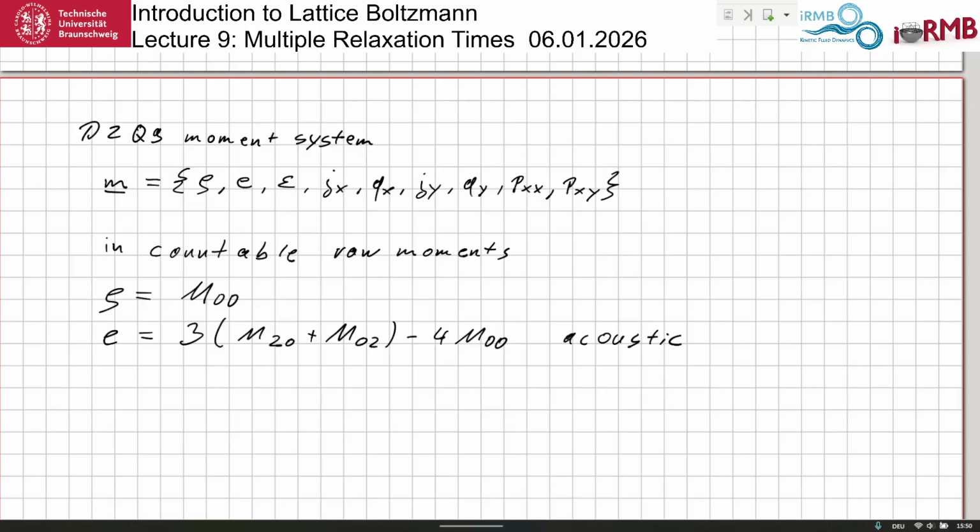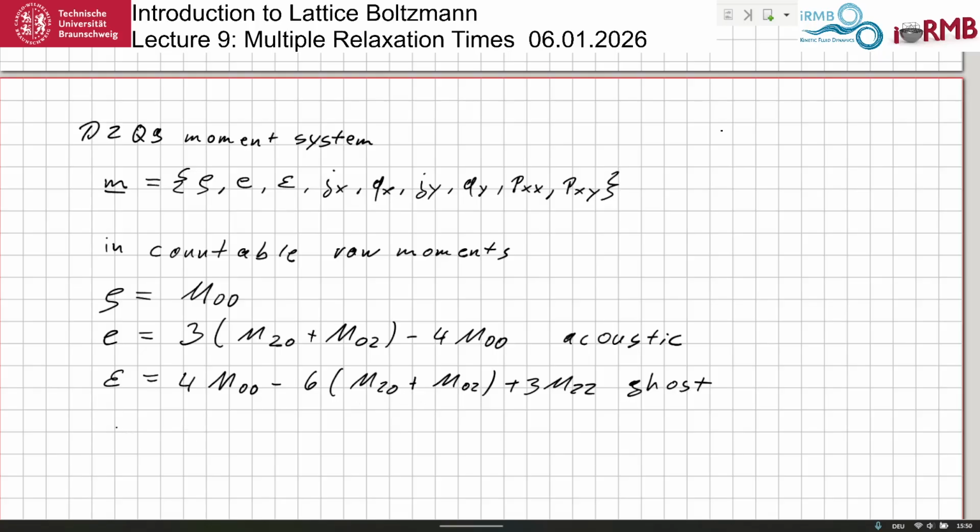The pressure would actually be only this one here, and they take it times 3, and then they subtract the zero moment. So epsilon is 4 times m00 minus 6 times m20 plus m02 plus 3 times m22. This is a ghost. You see a lot of mixture in here.